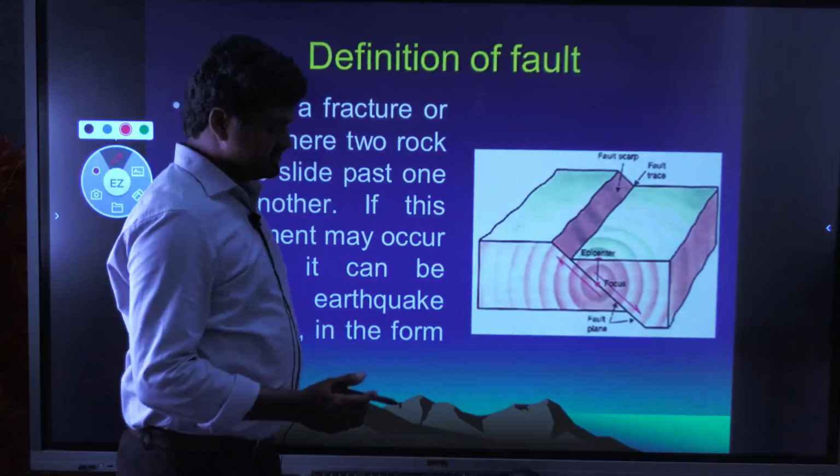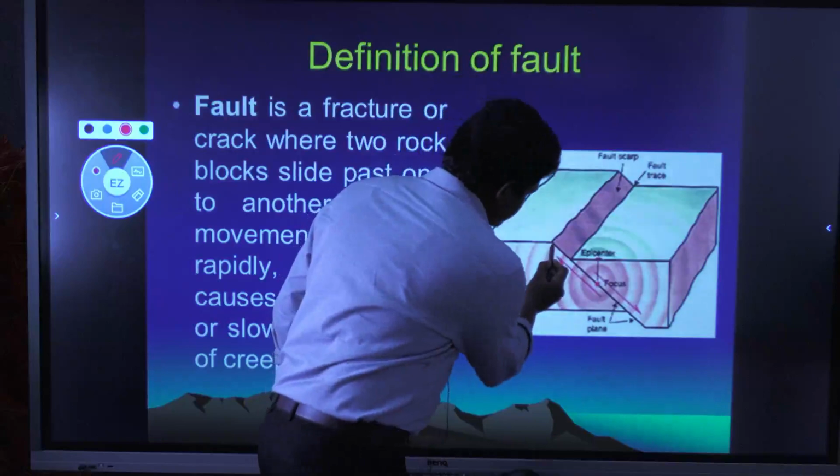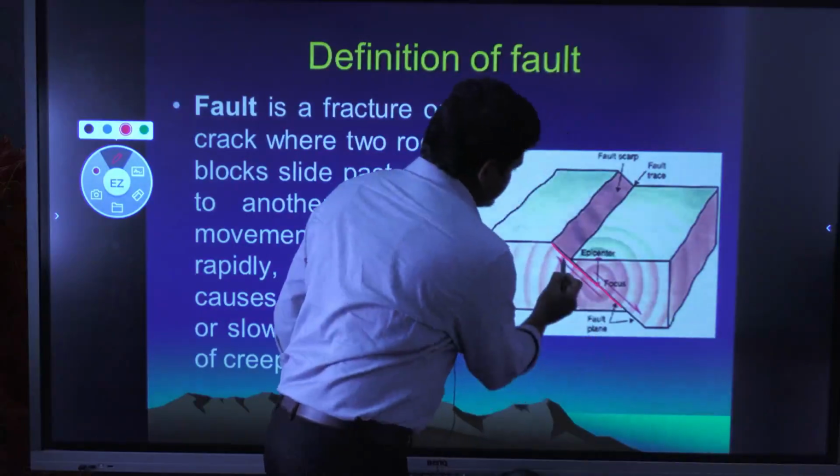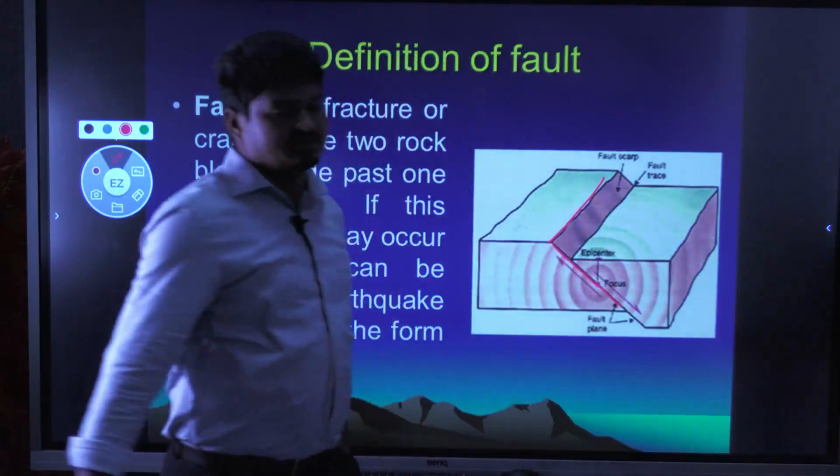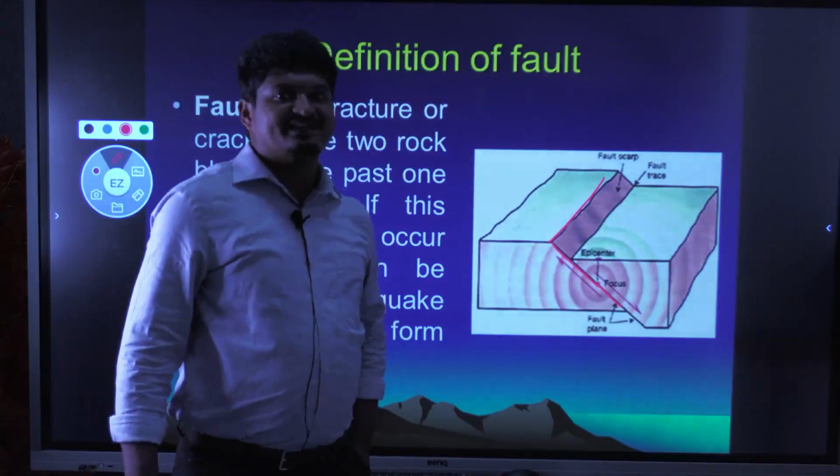For example, if you see this particular image, this is the fault line. When the rock strata, the actual bed, is displaced with a downward movement, it is called a fault.